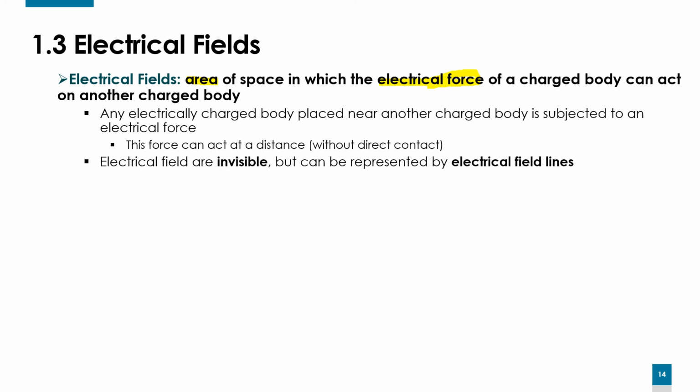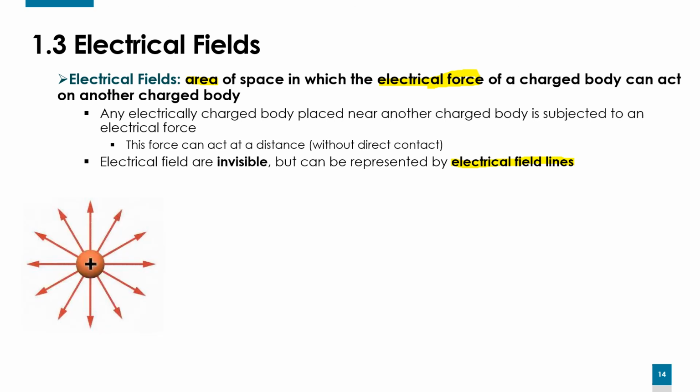Electrical fields are invisible, so we cannot see them, but we can represent them by electrical field lines. There is a rule, a convention. When I have a positive charge, by convention, I draw the field lines moving away from the positive charge.